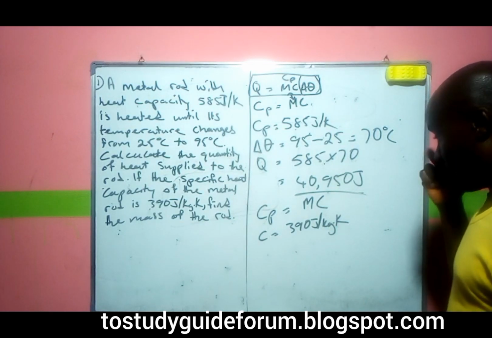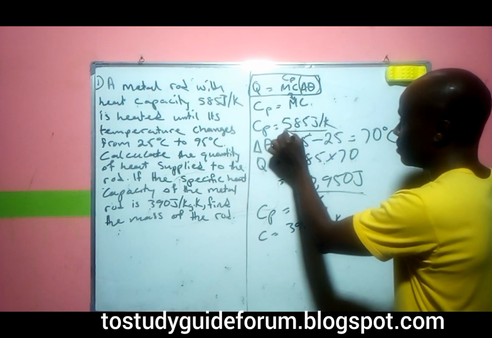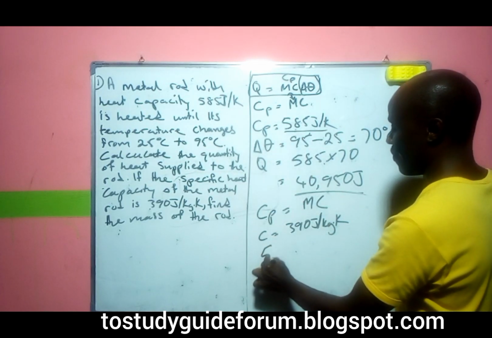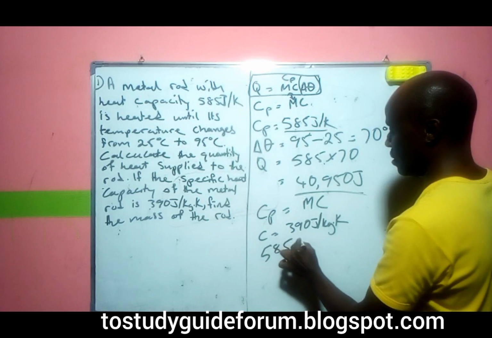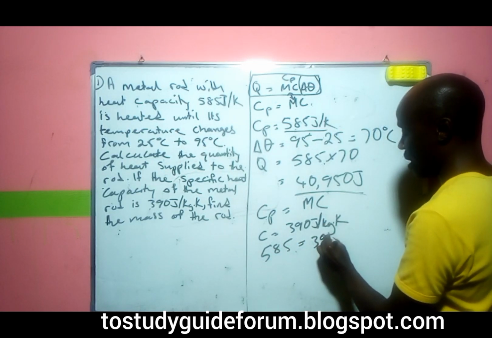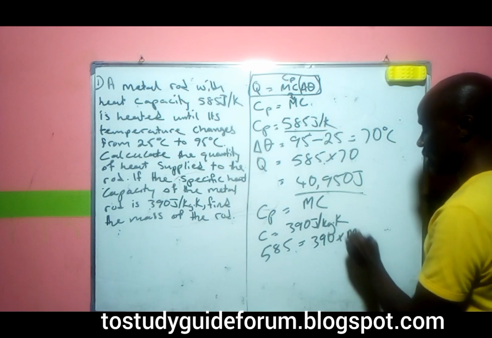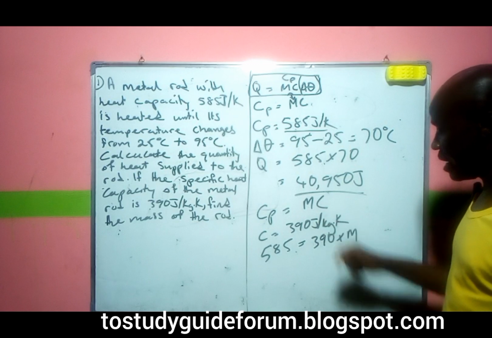So what do we do next? If we substitute everything, we have 585 equal to 390 multiplied by mass. Let the mass be m.